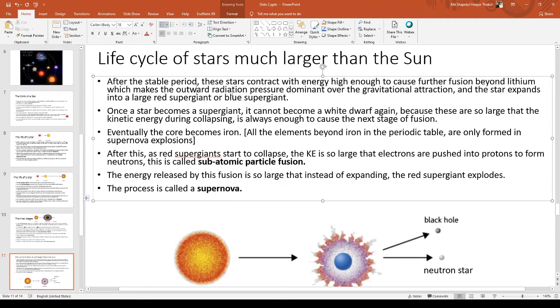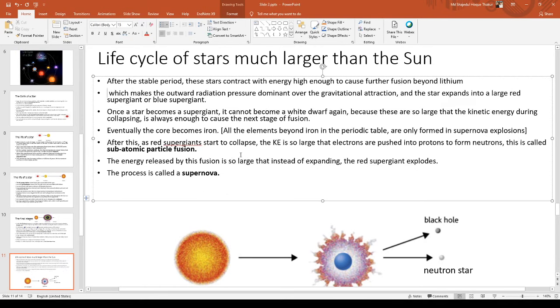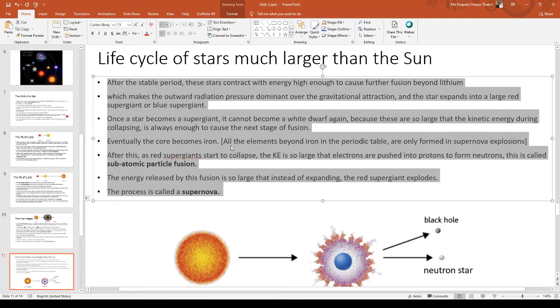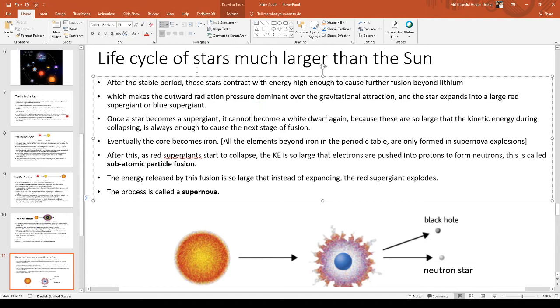Okay, let me make this a separate point. So far so good, beyond lithium. Let me make the font a little bit bigger. After the stable period, these stars contract with energy high enough to cause further fusion beyond lithium.